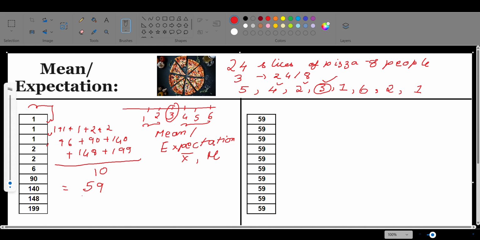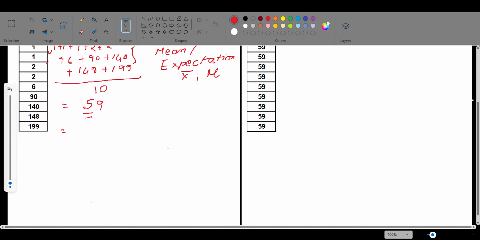Now, the next thing is this. Let me represent these values in a different way. Okay, I'm going to try and write it differently. So just let me scroll down a little bit. Okay.